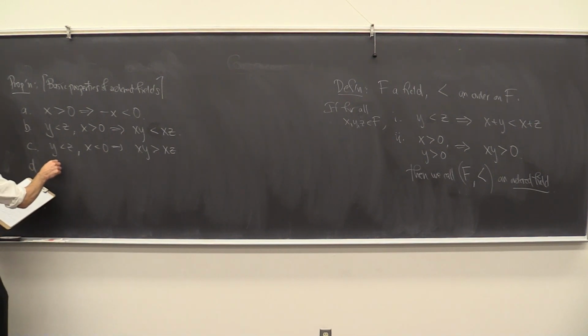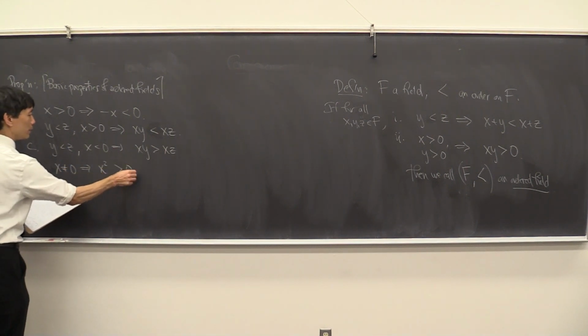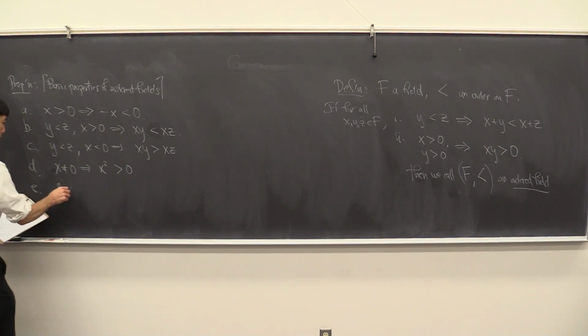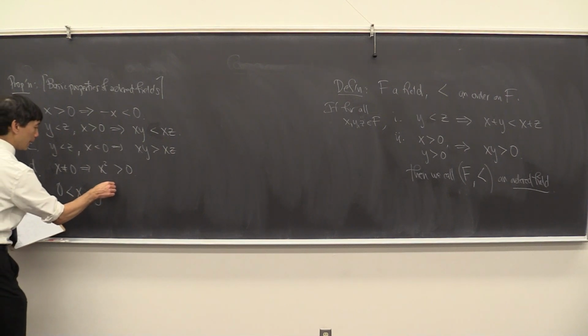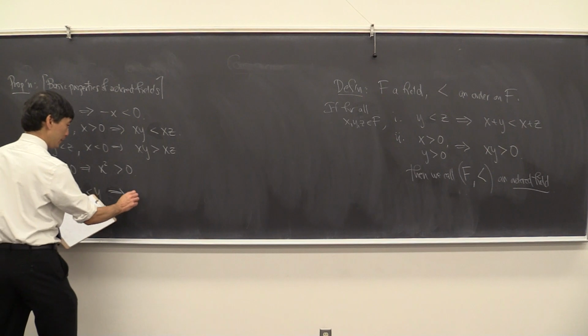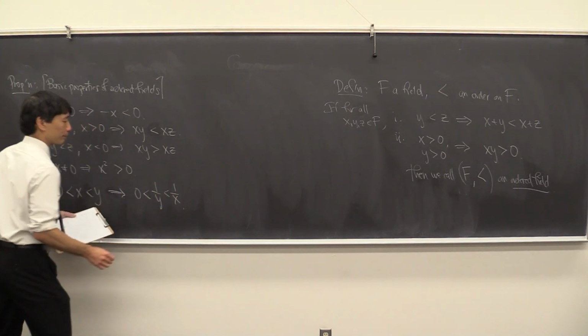Next, for any non-zero x, x squared is going to be positive. And last, if 0 is less than x less than y, then 0 is less than 1 over y, which is less than 1 over x.